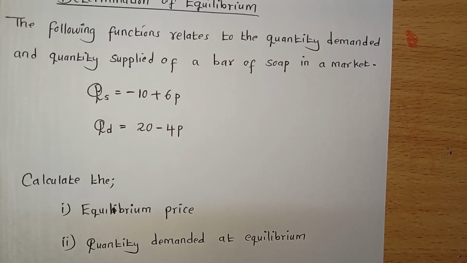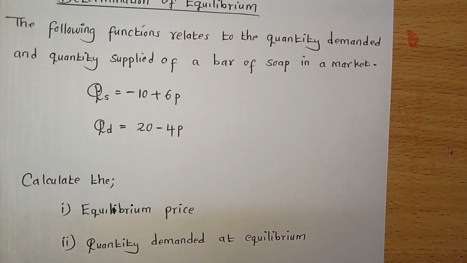So in economics, equilibrium refers to the state where the market demand equals the market supply. At this point, there is no surplus or shortage in the market, and the price tends to remain stable.